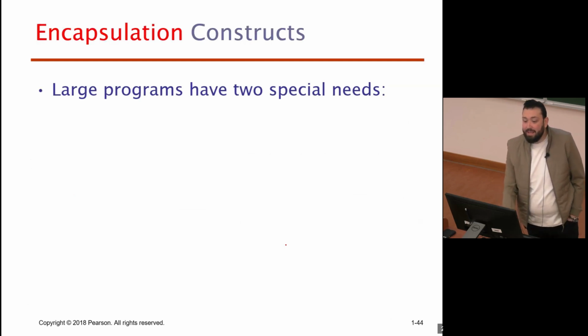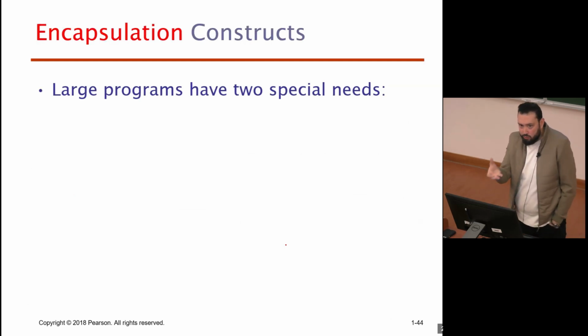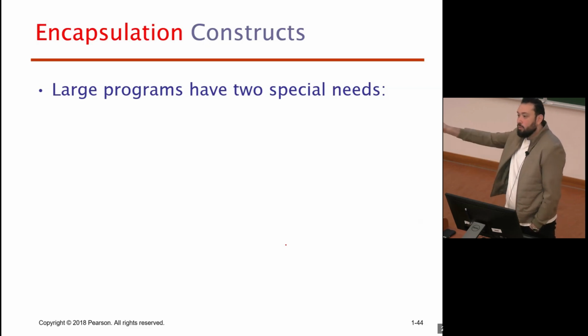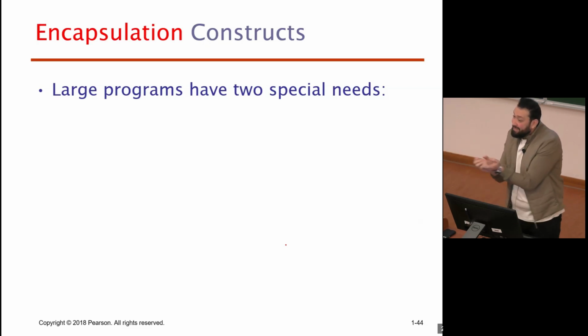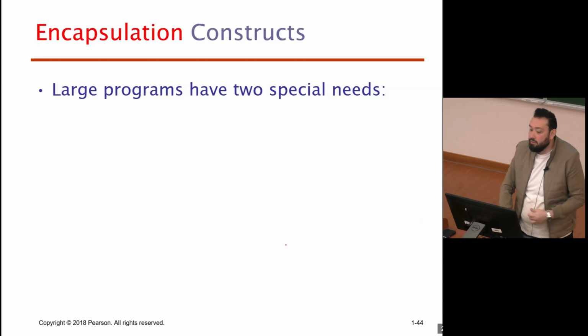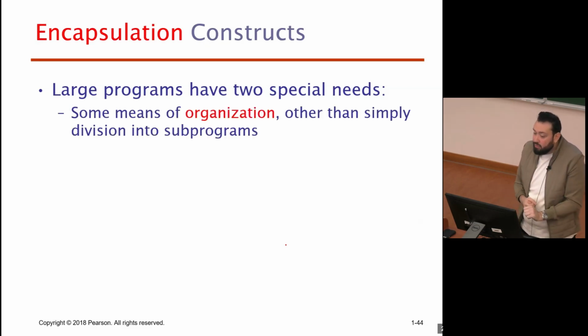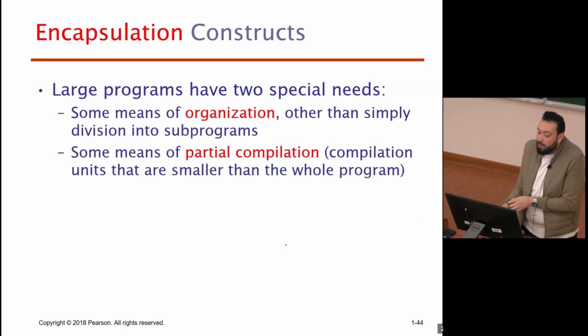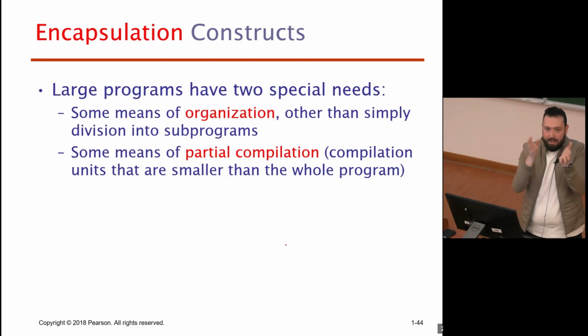Now, very, very quickly, encapsulation, because we're going to use this. We're going to end here and start with object-oriented. We say object-oriented is based on encapsulation and all of these things. Large programs have two special needs, usually some means of organization other than simply division into subprograms, and some means of partial compilation. So instead of just having so many subprograms, you can do the encapsulation.